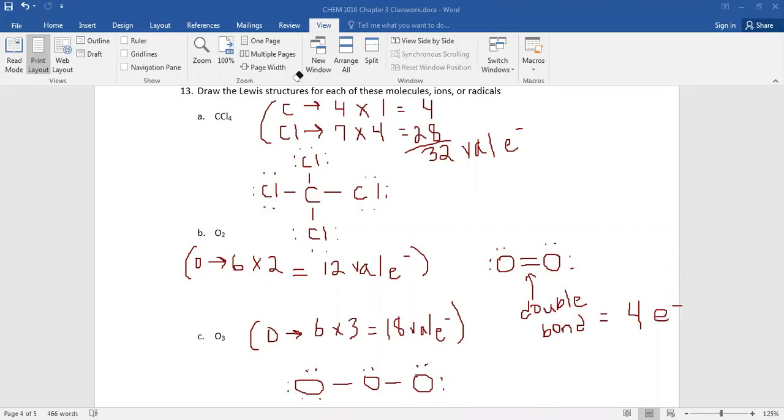And then I replace those electrons I erased with another bond between those 2 atoms, giving me a double bond. So now I have 2, 4, 6, 8, 10, 12, 14, 16, 18. Now I've got my 18 required total electrons, and there are 8 electrons around each of the oxygens.